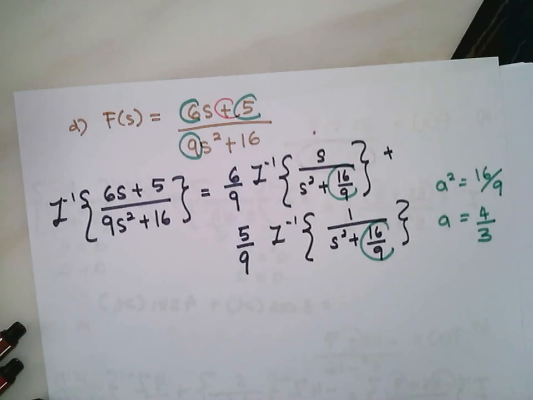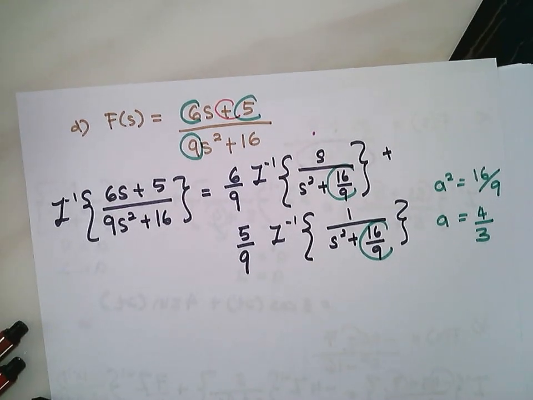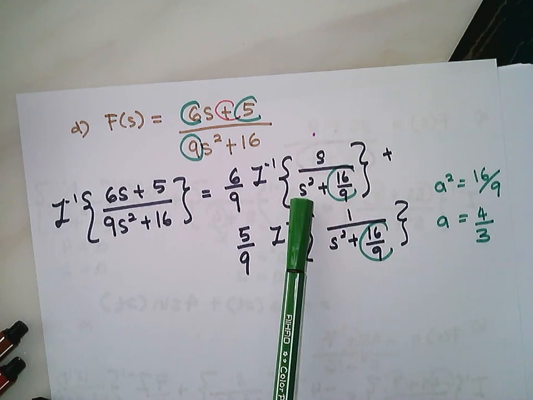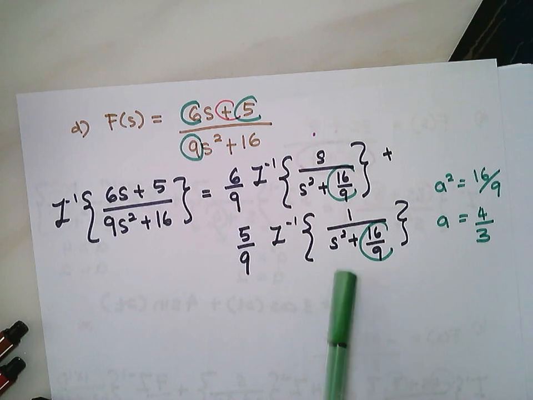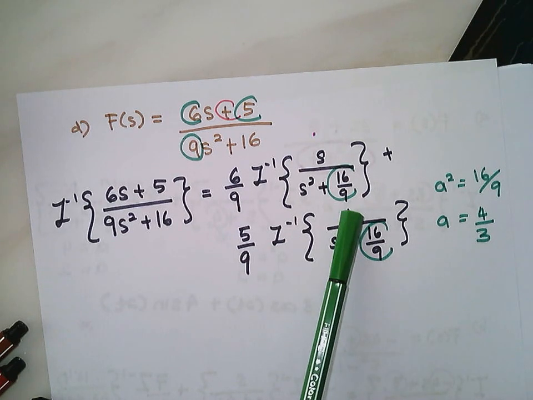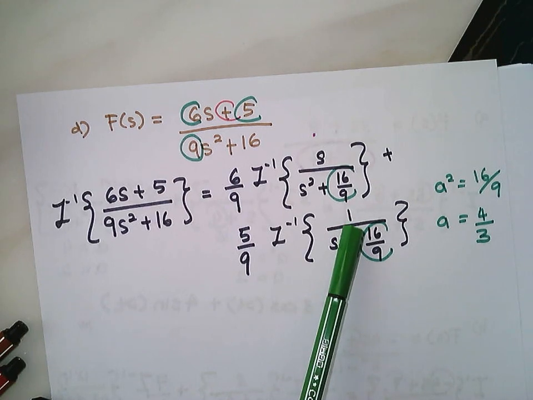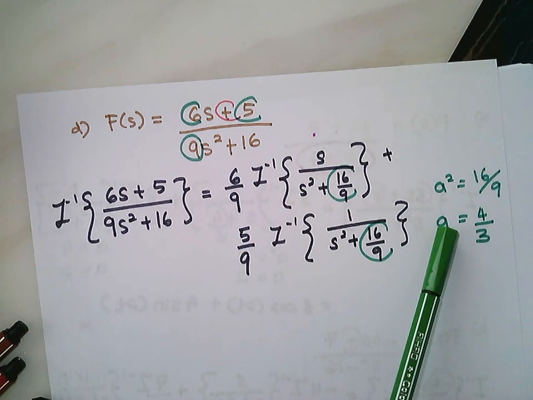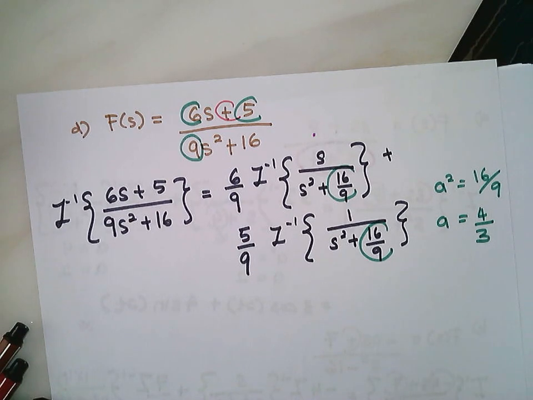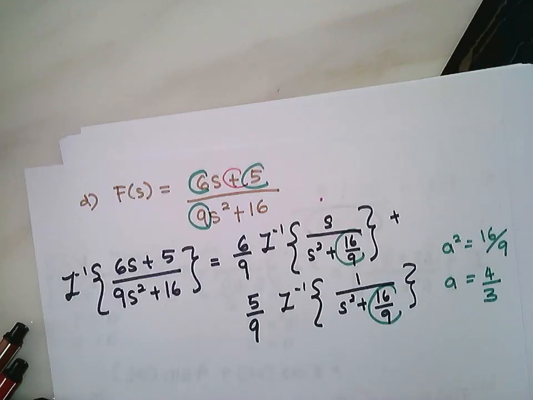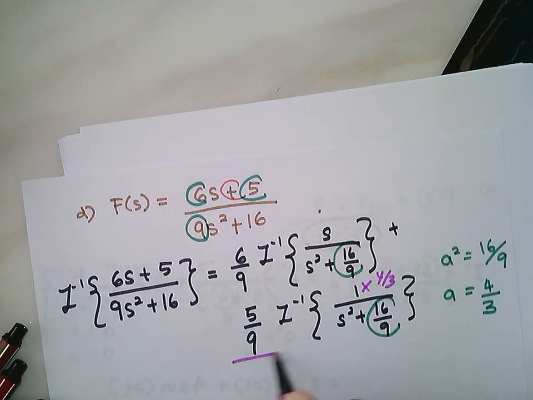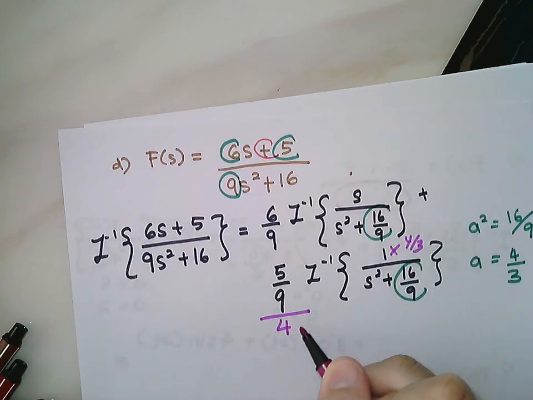As for the first part here, you directly will get cos 4 over 3 t. But this one you need to do something because the numerator is 1, but it should be 4 over 3 because your a is equal to 4 over 3. So what you should do is multiply by 4 over 3, therefore you need to divide by 4 over 3.